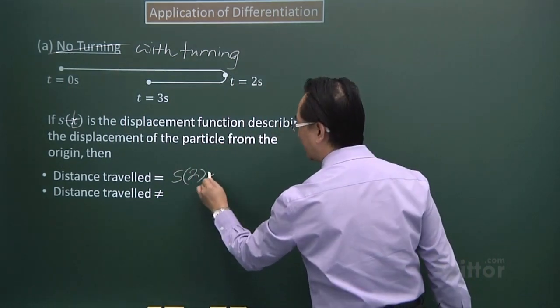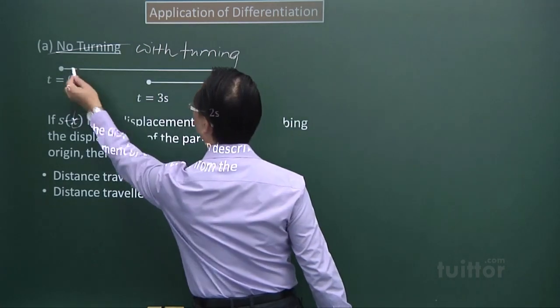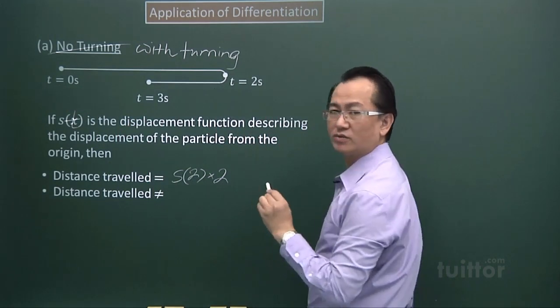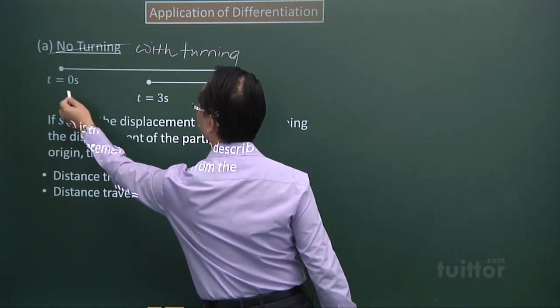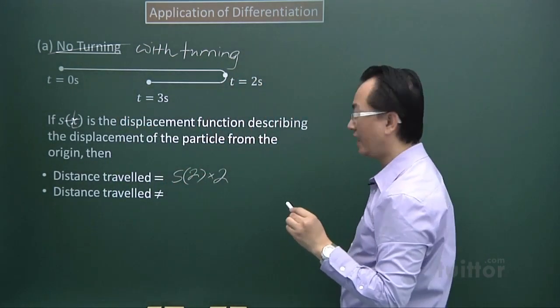But I can take 2 times s(2), meaning I have this distance plus this distance. Now I need to take away this particular part of the distance because the particle never traveled along there.